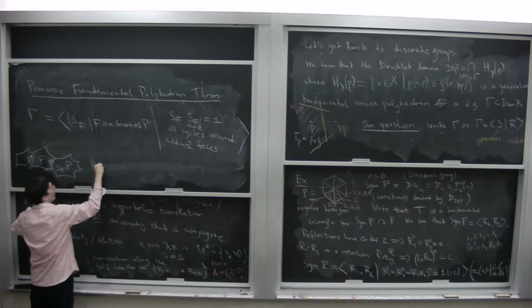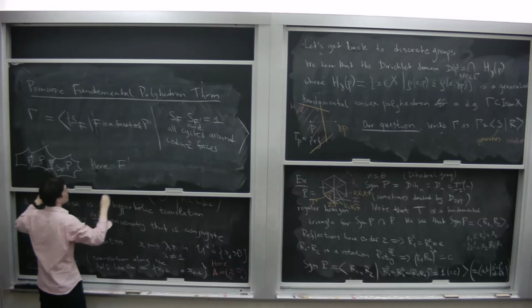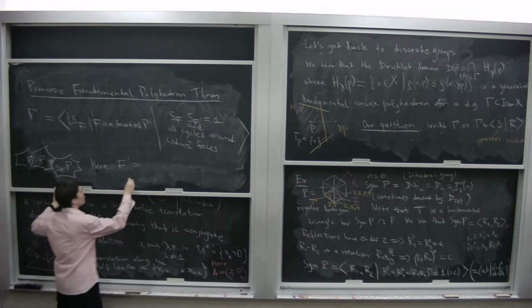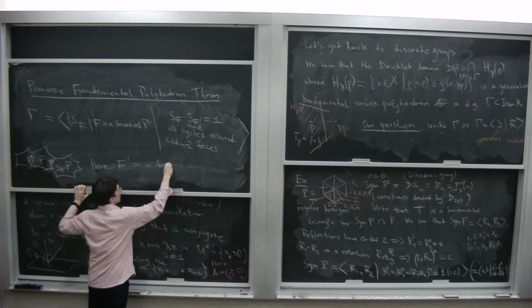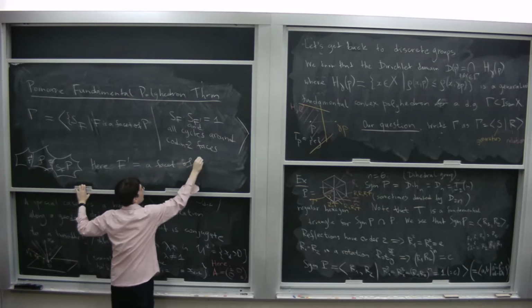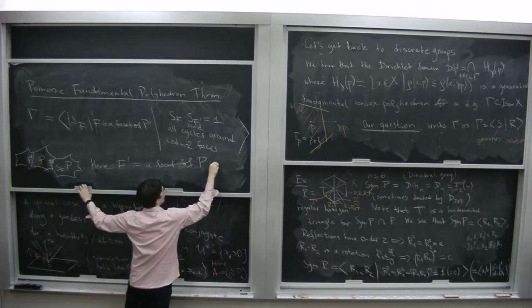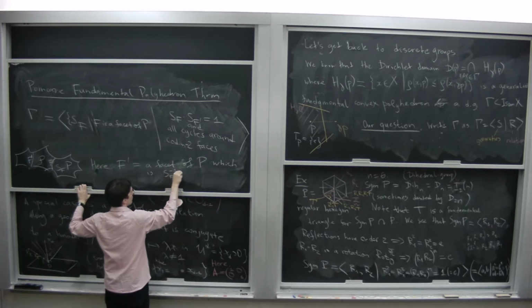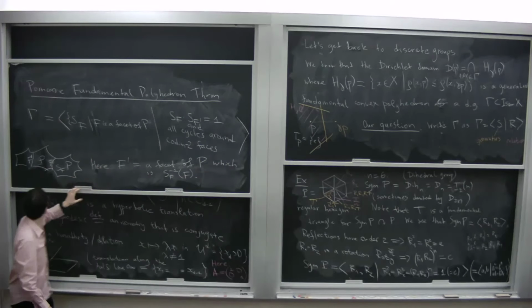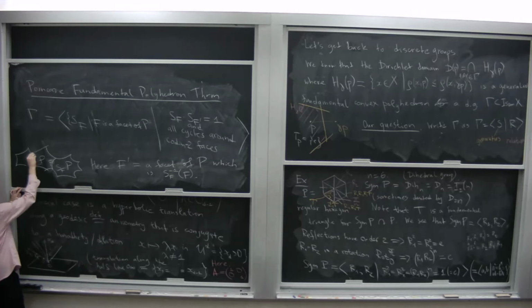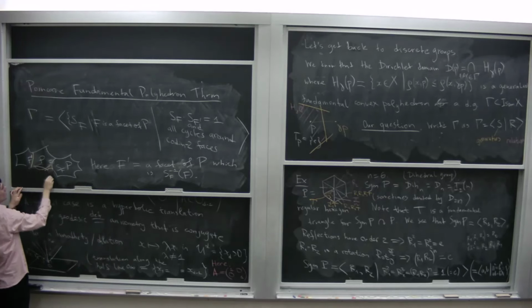So here F' is defined as just the preimage of F. It is basically a facet of P, which is S_F inverse of F. So this is precisely the facet F' that is sent to F by the isometry S_F.